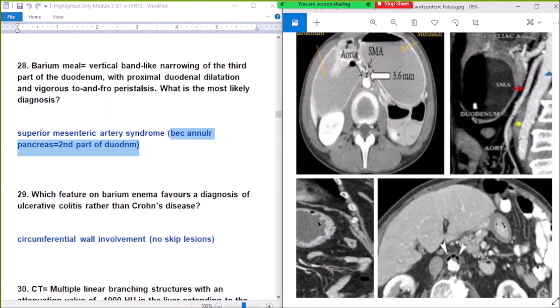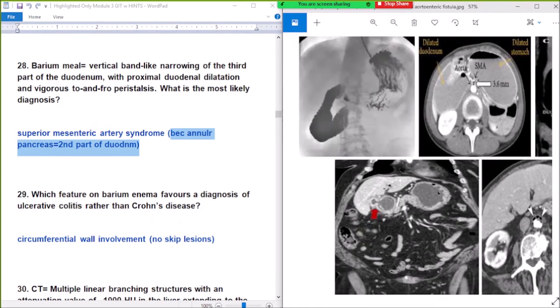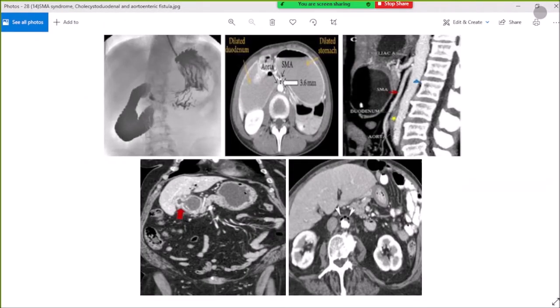Here is superior mesenteric artery syndrome on CT scan, with dilated duodenum and dilated stomach.